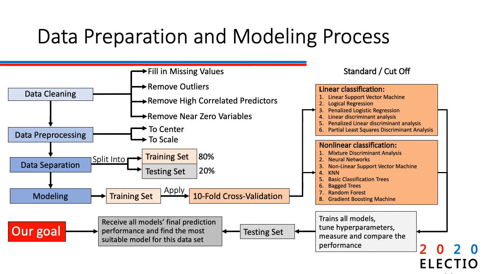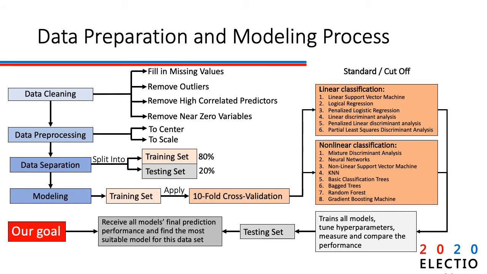Then we separate 80% of data into training set and 20% of data into testing set, and apply 10-fold cross validation on training set and implement 6 linear models and 8 nonlinear models.